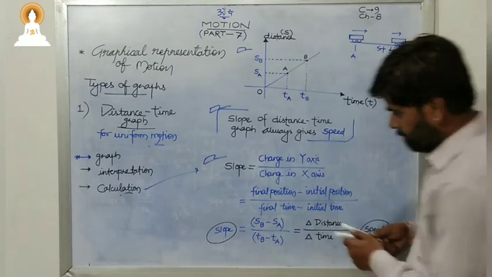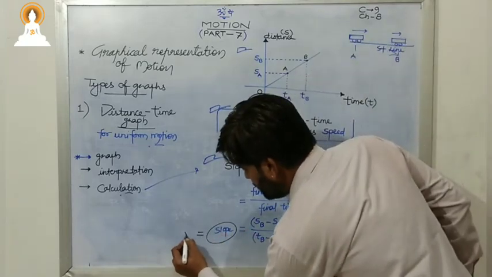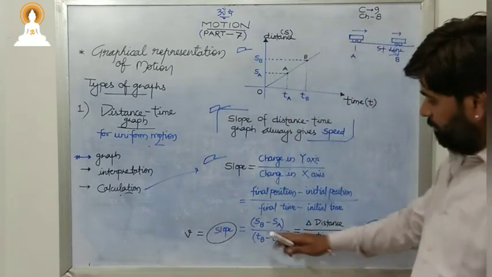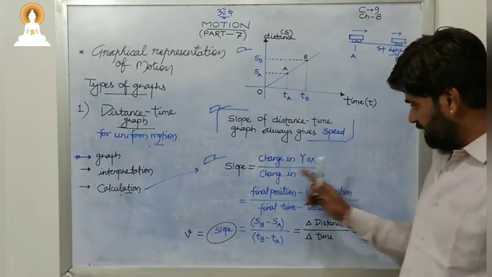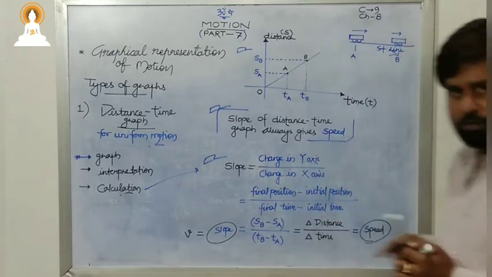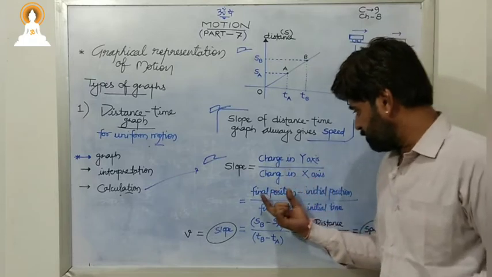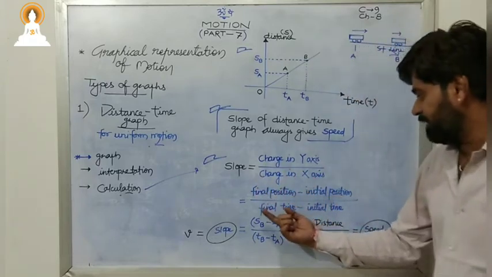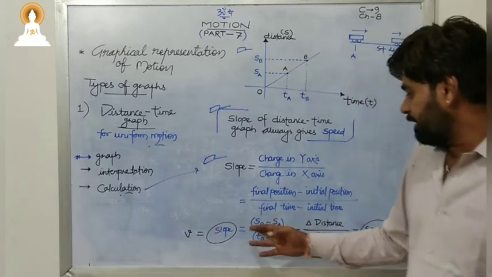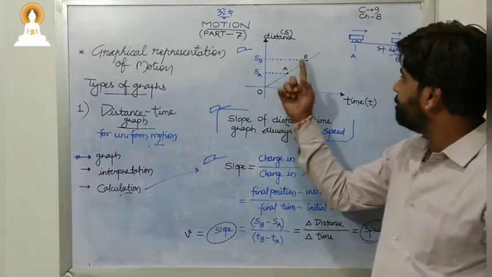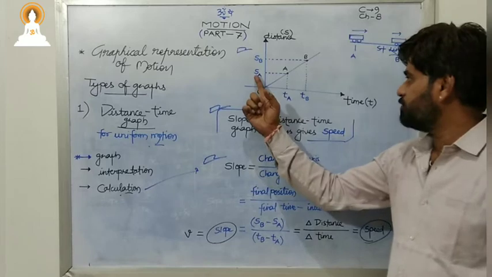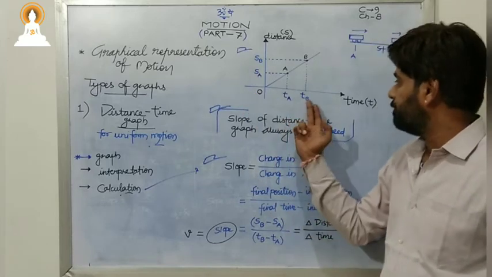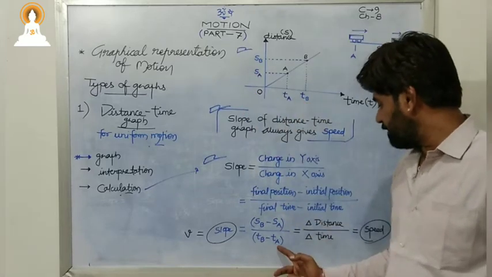So here I may write this is the speed. So speed will be change in y-axis upon change in x-axis. As I have already told you, change in y-axis means final position minus initial position, and change in x-axis is final time minus initial time. Final position is B, initial position is A, final time tb, initial time ta.